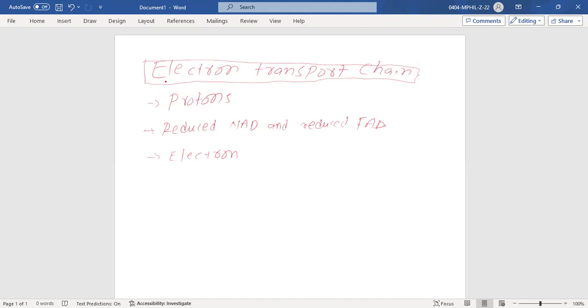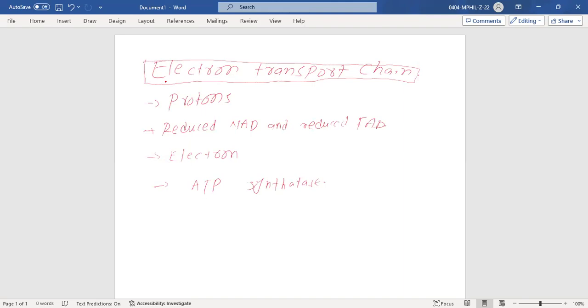I mean, they will help to transport these electrons from higher gradient to lower gradient. We will talk about that in detail. Another important thing that will be part of this electron transport chain is ATP synthetase.